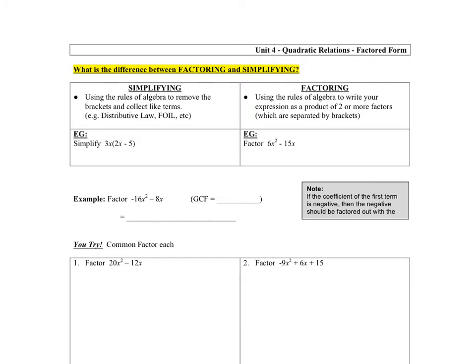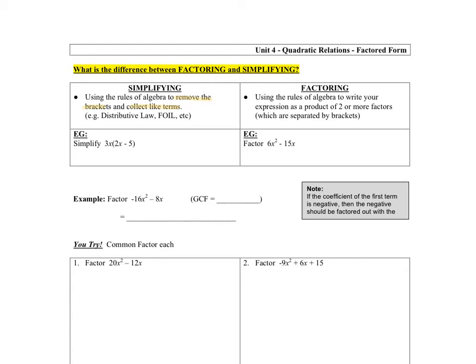Before we move on to more common factoring examples, I just want to emphasize the difference between factoring and simplifying. When you're simplifying, you're using the rules of algebra to remove the brackets. You want to get rid of them altogether. So remove the brackets and collect like terms if you can. You'd use distributive law from grade 9 or FOIL that we learned in the last unit.